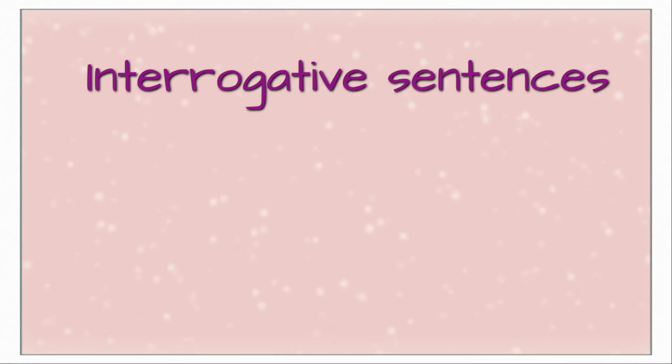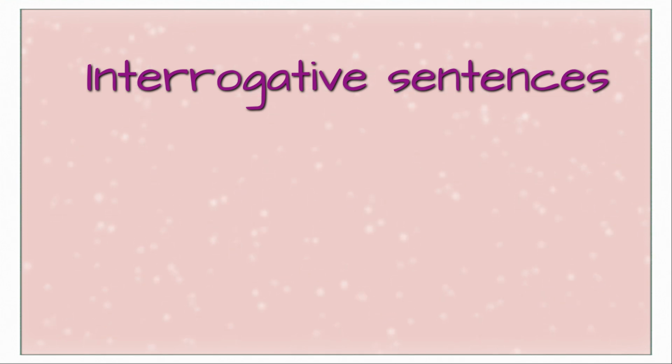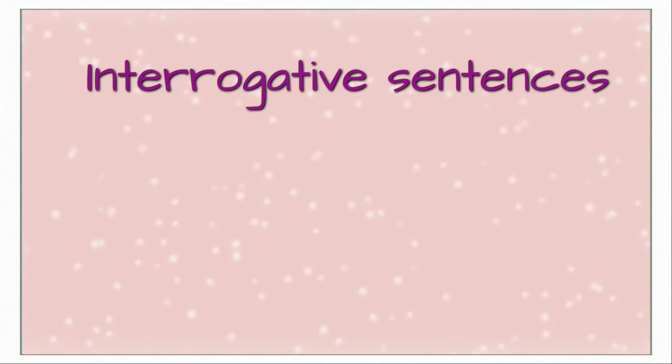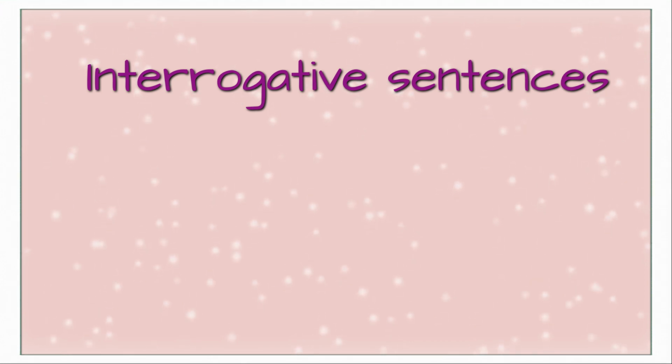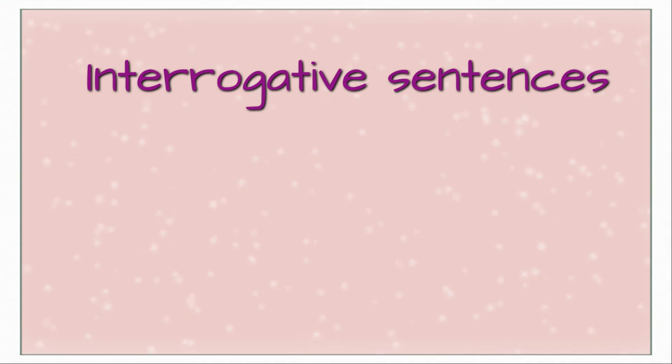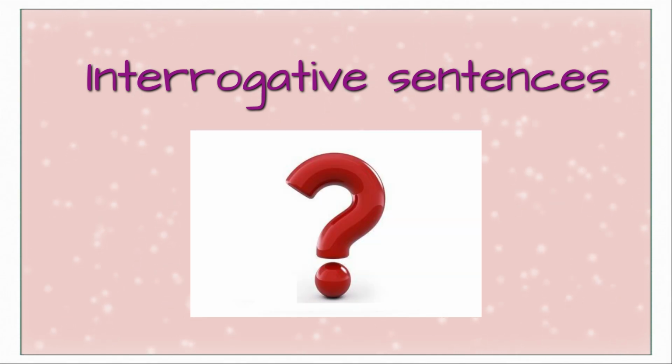Now we are going to see interrogative sentences. How to make interrogative sentences in simple present tense. Sentences that ask a question always end with a question mark. How will we frame a sentence? Let's know.